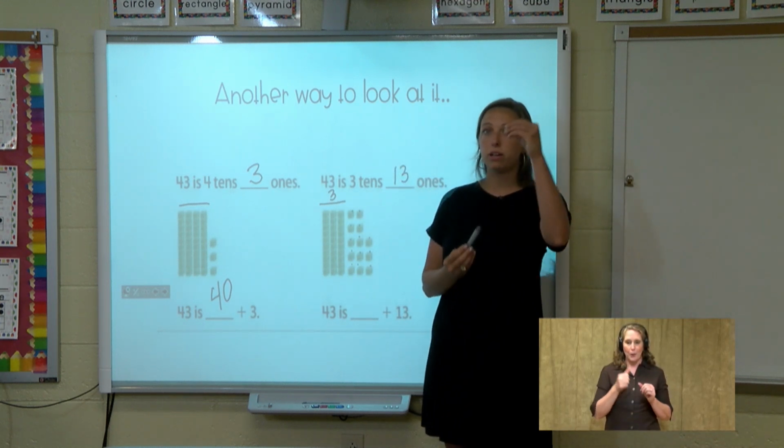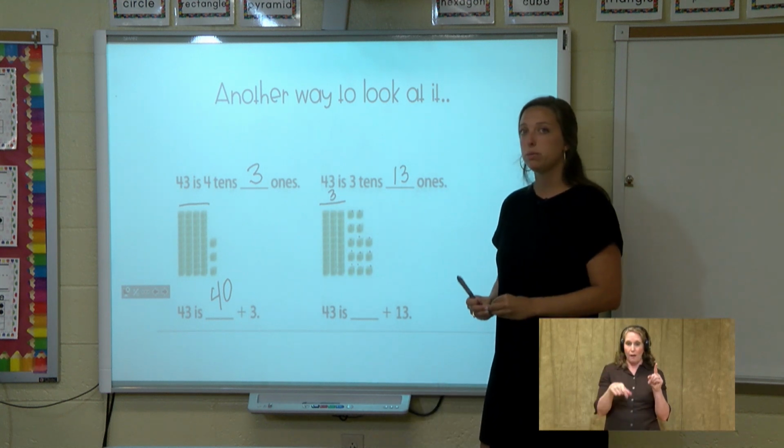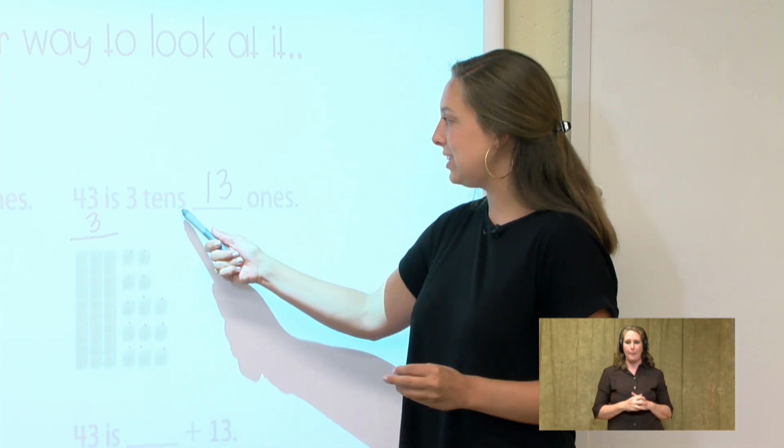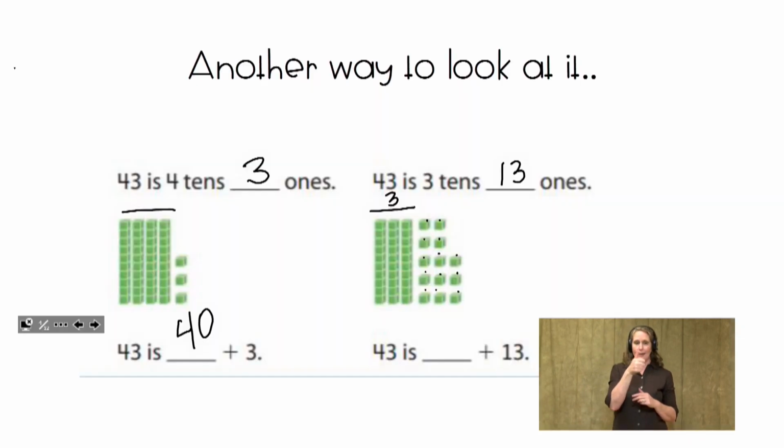Remember, they took their rod and broke it up into cubes. 10 cubes are in a rod. So we have 3 tens and 13 ones is the same thing as 43. 43 is blank plus 13. Well, what did they leave out? Our 3 rods, and 3 rods stands for what again? 30. 10, 20, 30.